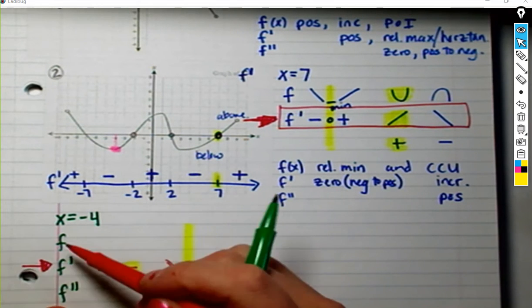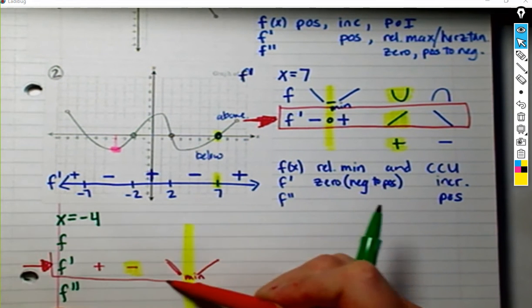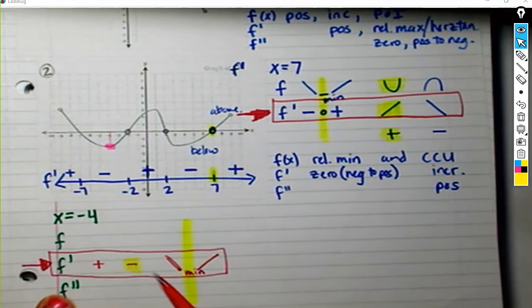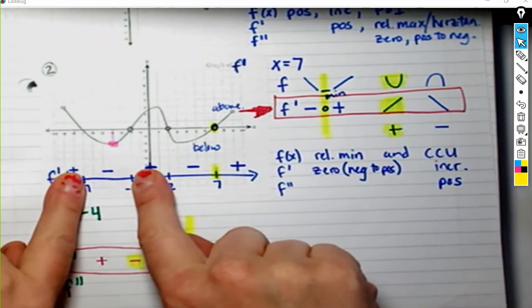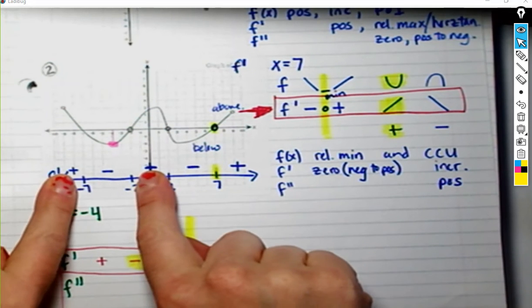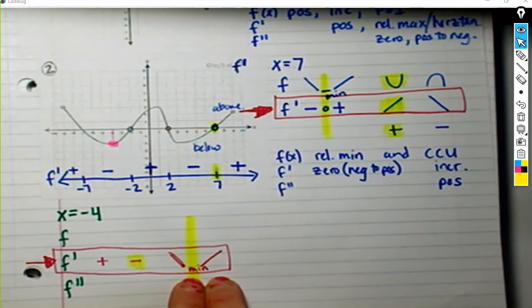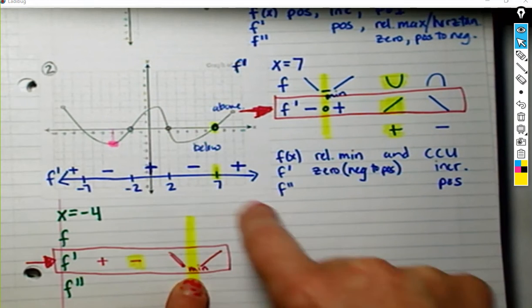Okay, this is the place where you start. What do you see? So that first column's not really necessary because I don't see it. All right, fill in the chart so that we can say the sentences. Okay, f prime is negative because it's below, see that? It's negative, it's below, and it's a minimum.